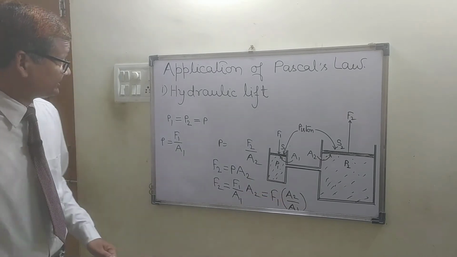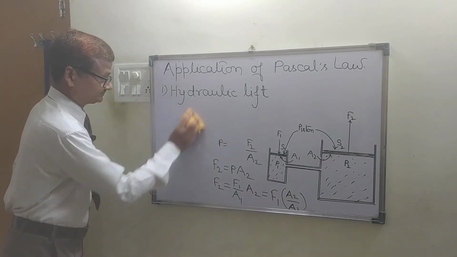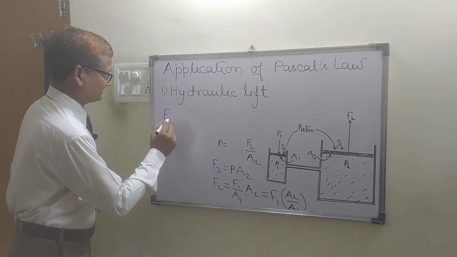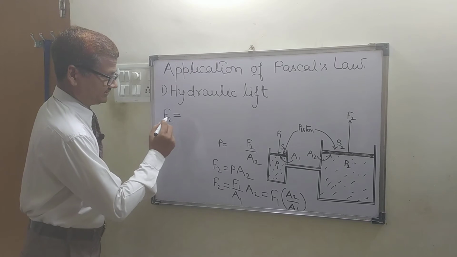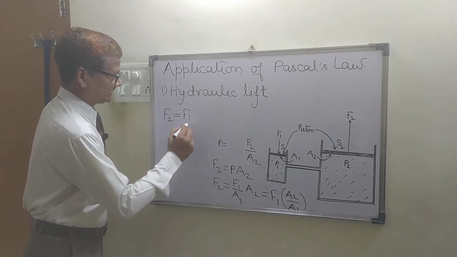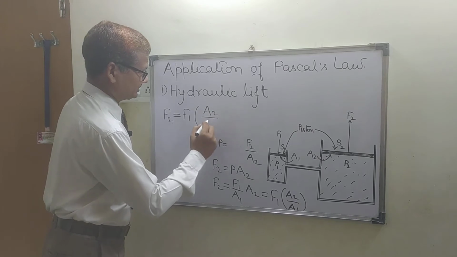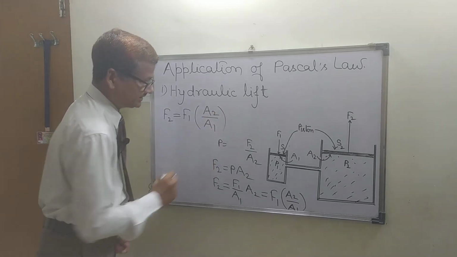To write this equation again, F2 is equal to F1 into A2 upon A1.